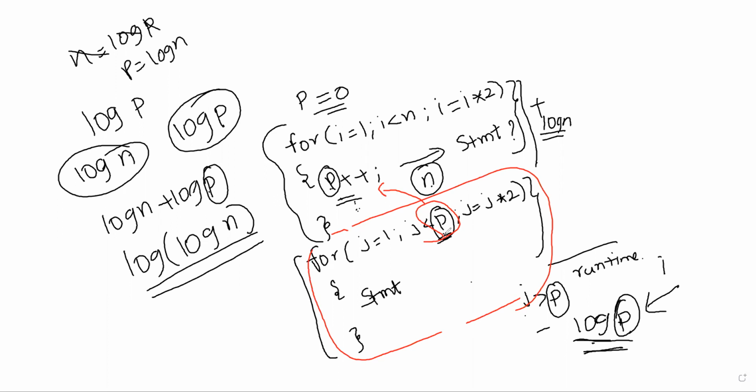Whenever a condition statement variable gets changed by another loop, then we have to calculate in this way. Clear? Aravind, Raj, still unclear, Raj? Yes, okay.